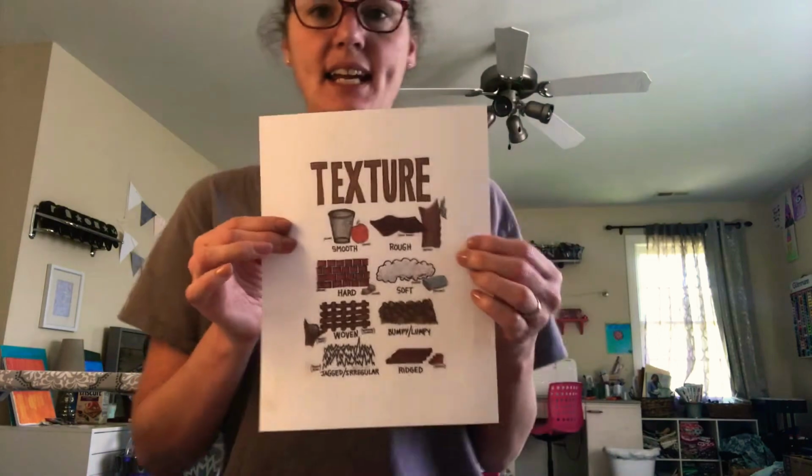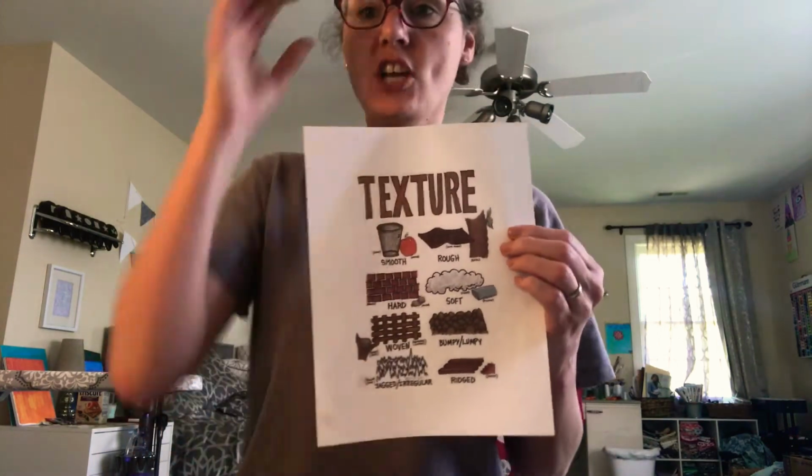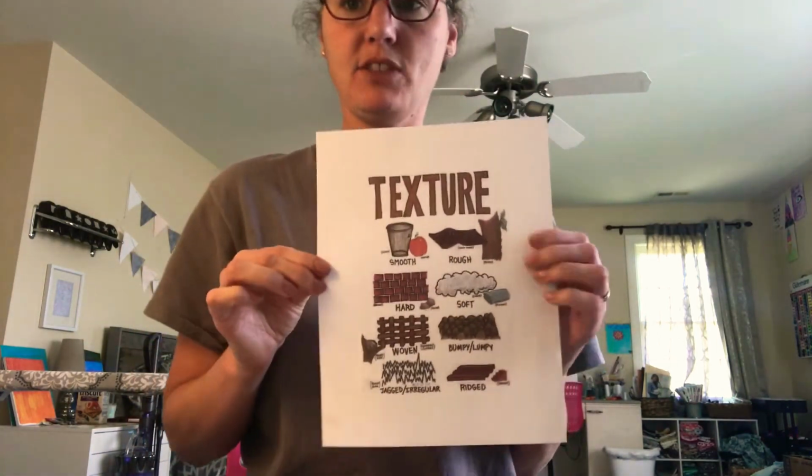Since art is visual and not very tactile, because you're not supposed to touch paintings in a museum at all, we rely on a lot of visual texture. I've got a little handout, a little poster that I will attach that talks about different types of texture.